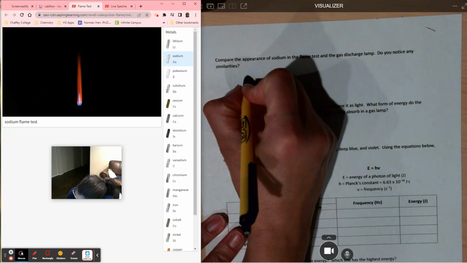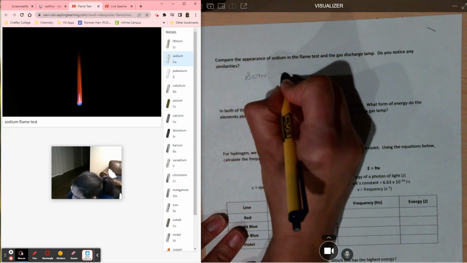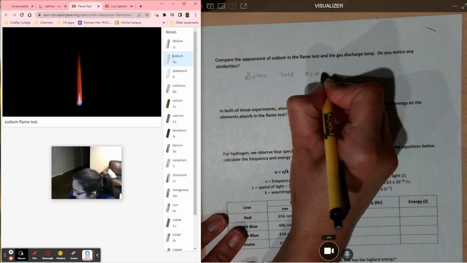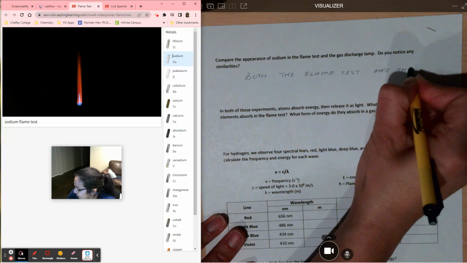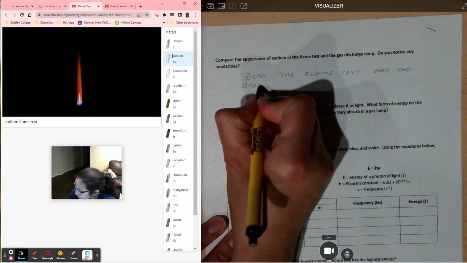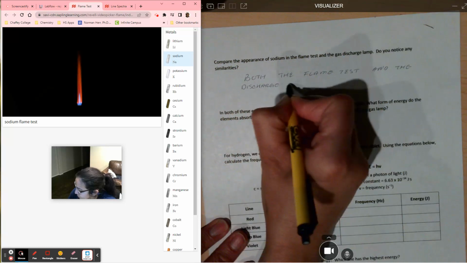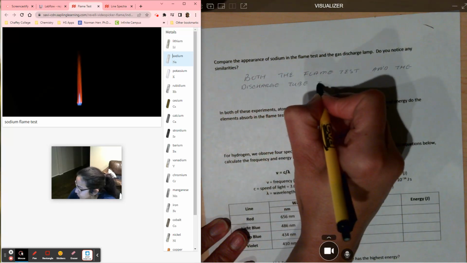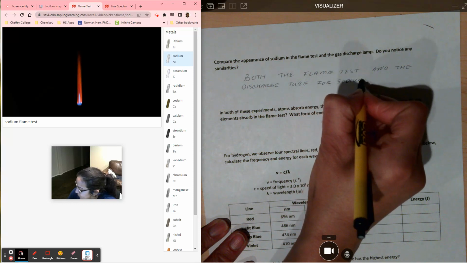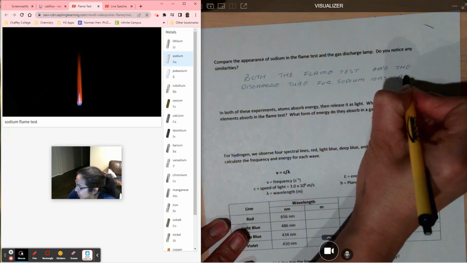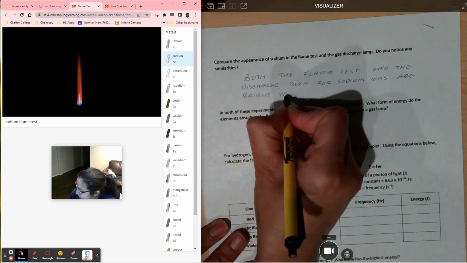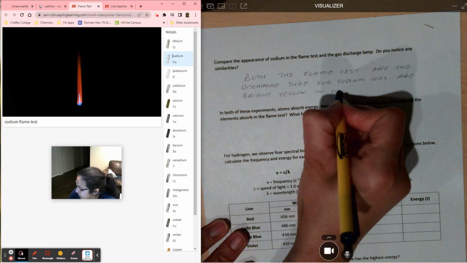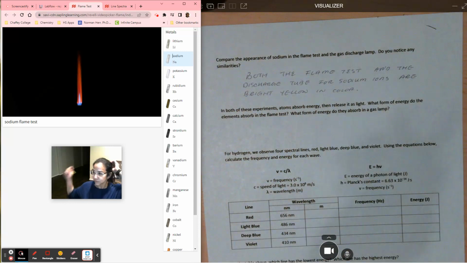So both the flame test and the discharge tube for sodium ions are bright yellow in color. Right. That's kind of cool. Actually, I think it was cool.